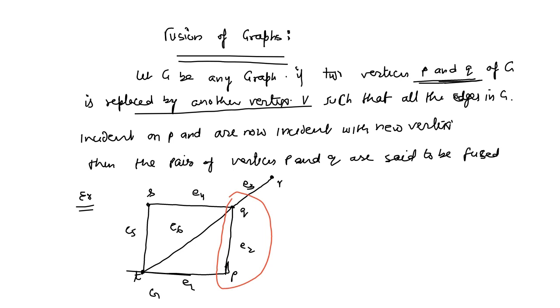Obviously, when we remove one vertex from the graph G, you can see the structure of the graph. This vertex we write as it is, at the same place. But here this vertex Q we replace by V. V means new vertex. So you can say that two vertices P and Q are replaced by one vertex, denoted as V.